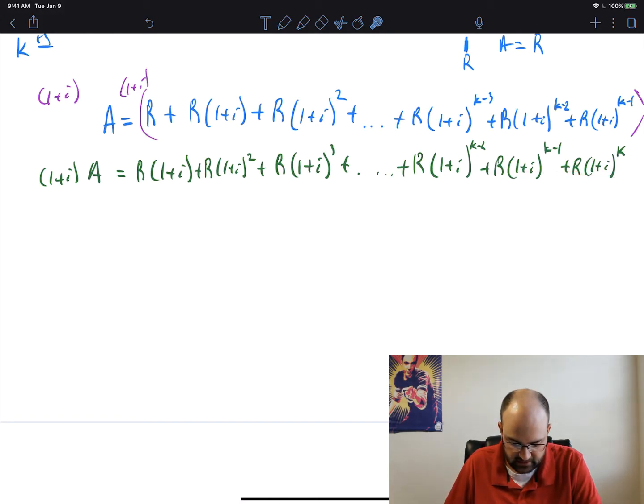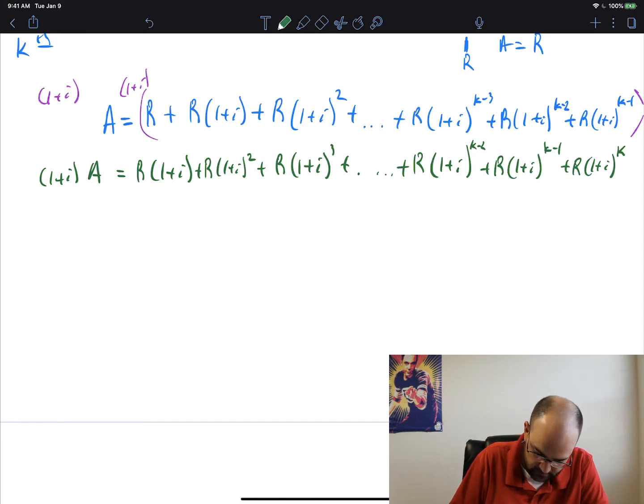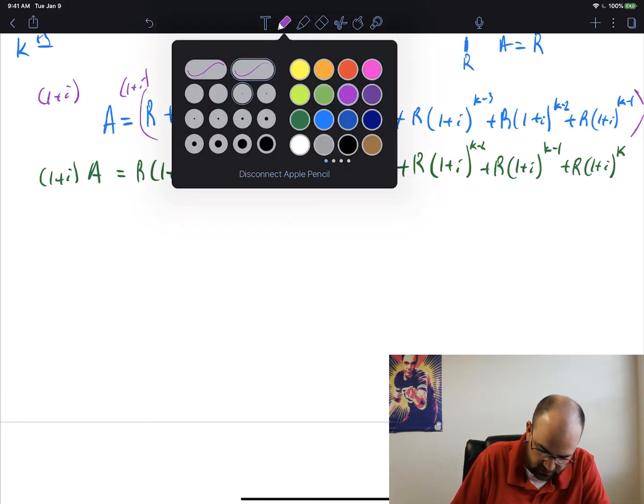And notice what happens if I subtract these two. So let me subtract this from this. So that's going to give me, use pink here. I'll show it in blue here.